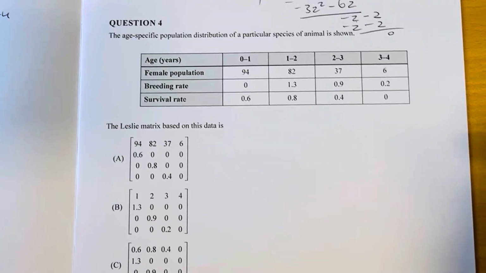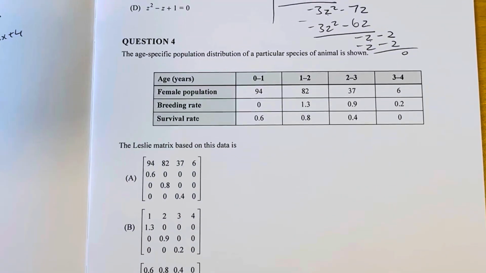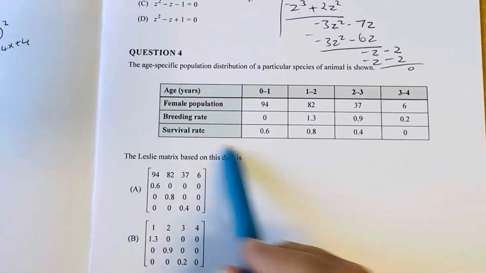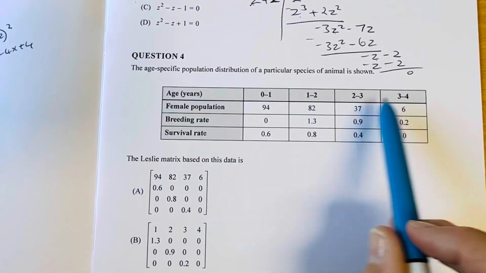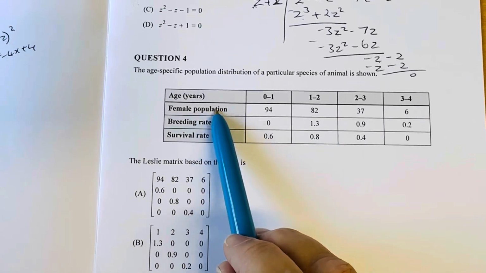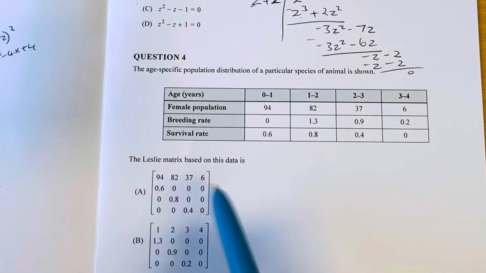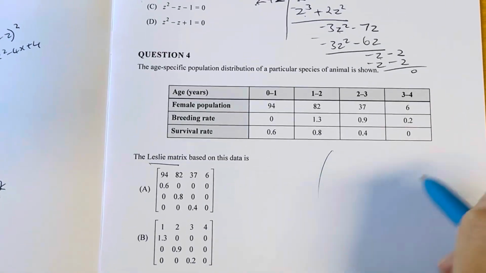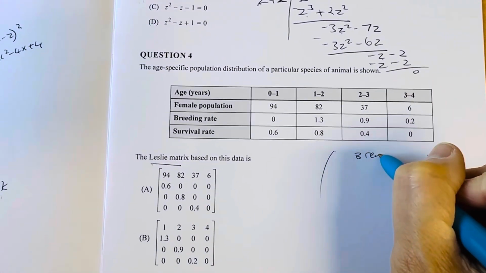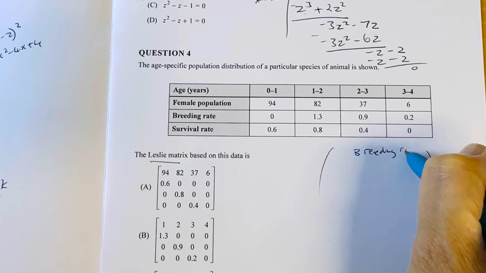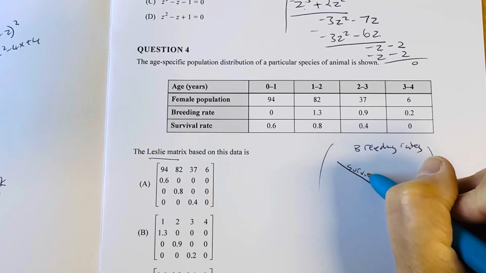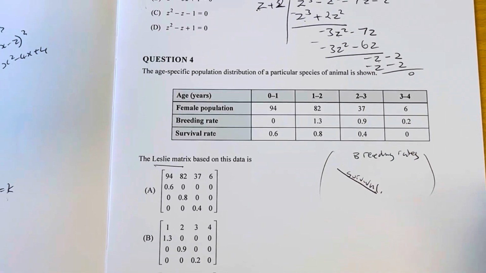Question 4 is a Leslie matrices question. We're given a lot of information with the different age-specific population, the female population, the breeding rate and survival rate, and we need the Leslie matrix based on this data. Remember, a Leslie matrix has the breeding or birth rates across the top and the survival on the diagonal.